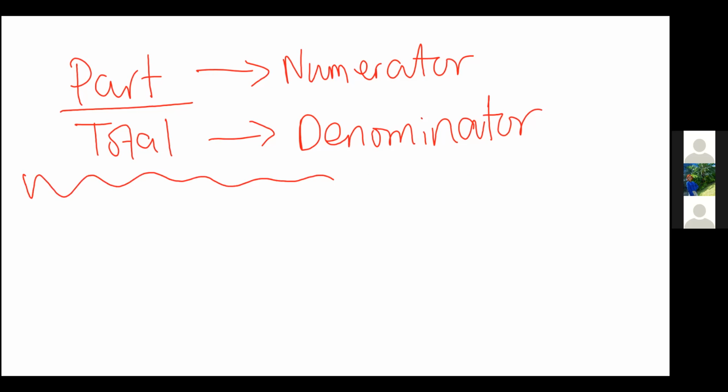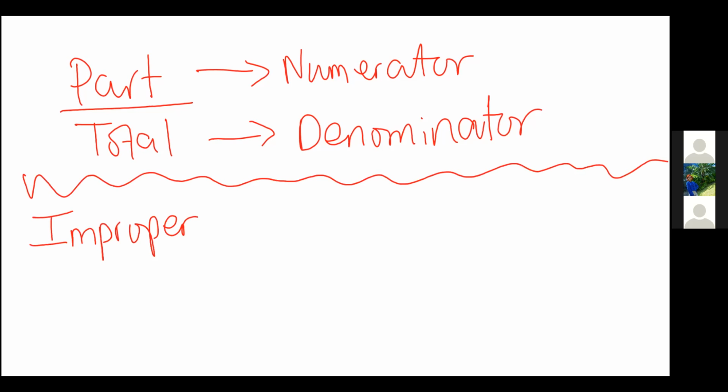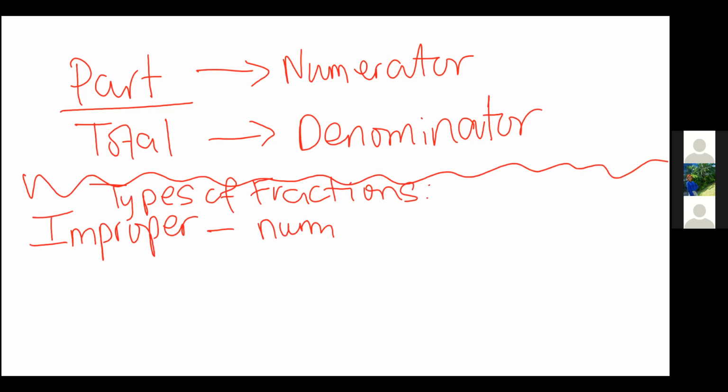But before we get into that, we are going to understand some properties of fractions. So, types of fractions. Proper fractions are when my numerator is less than my denominator.